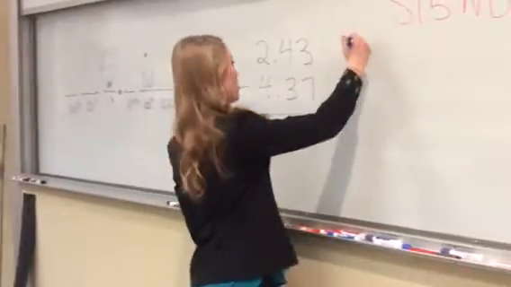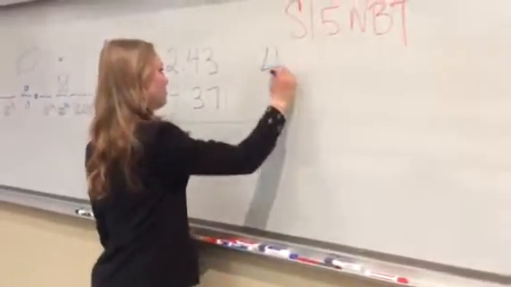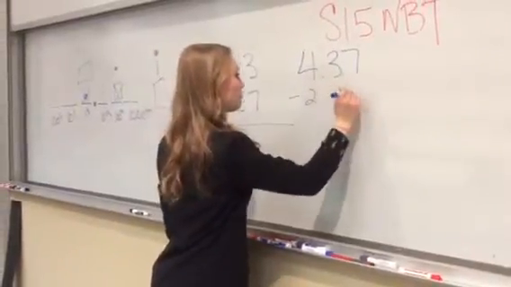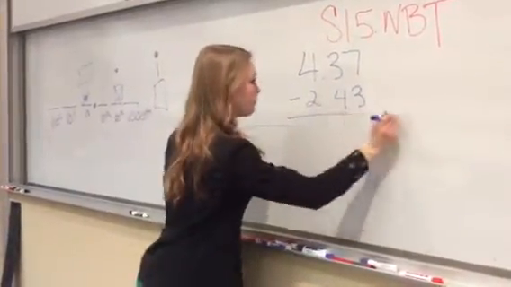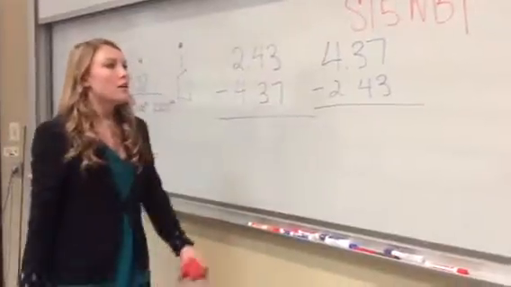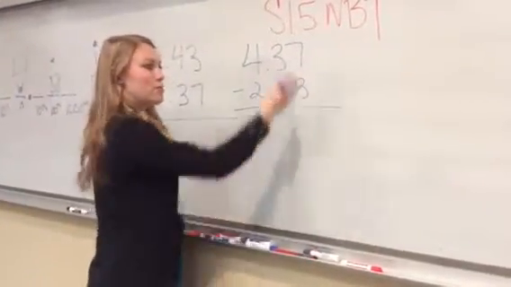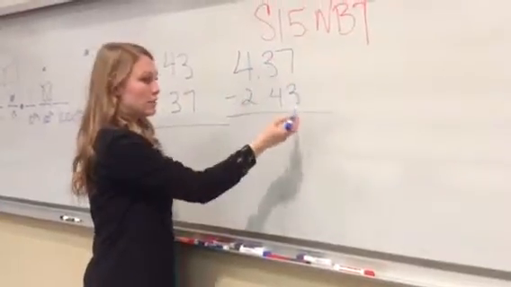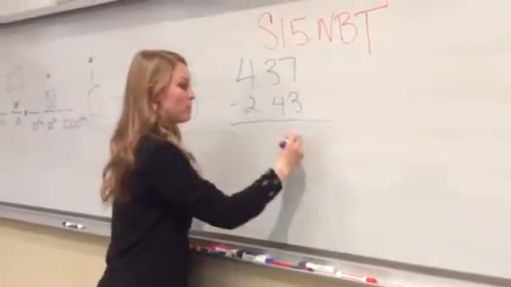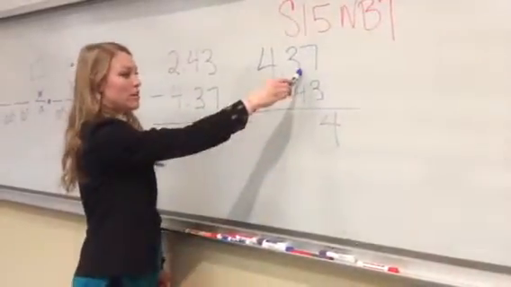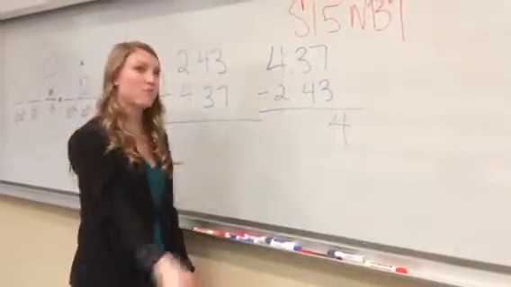So the first thing we are going to do is rewrite the problem. We will first start with our hundredths place. We are going to subtract 7 hundredths minus 3 hundredths, which comes to 4 hundredths.